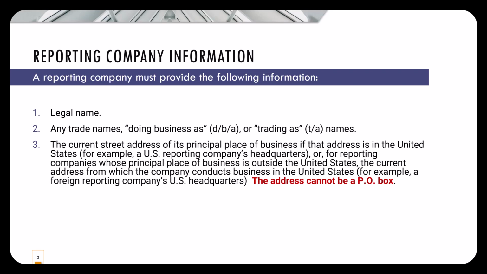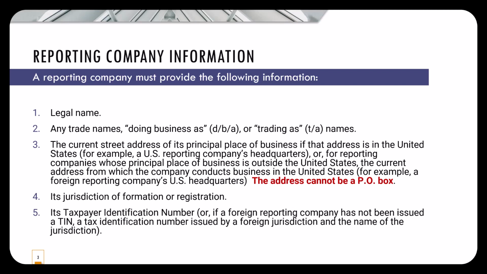For example, a foreign reporting company's U.S. headquarters. Note, the address cannot be a P.O. box. Next, you need the jurisdiction of the formation or registration of the company. And you need the taxpayer identification number, or if a foreign reporting company has not been issued a TIN, a tax identification number issued by a foreign jurisdiction and the name of the jurisdiction.